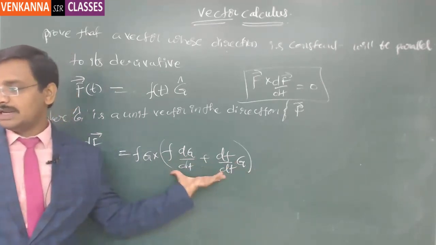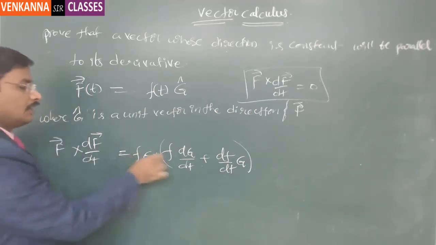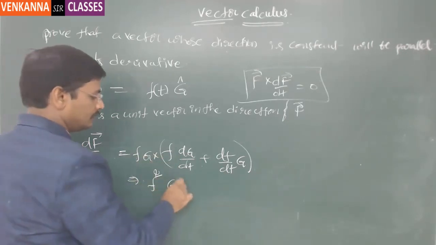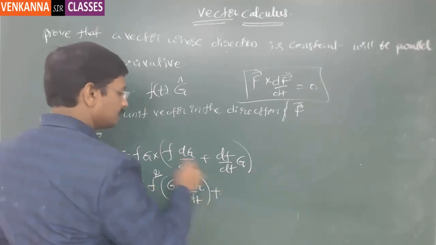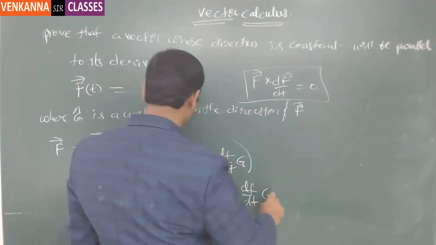Now here, this is the derivative part, this is the original f part. Now here, f and f is a scalar multiplication, f square, and then g cross dg by dt, and then plus f into df by dt, g cross g.